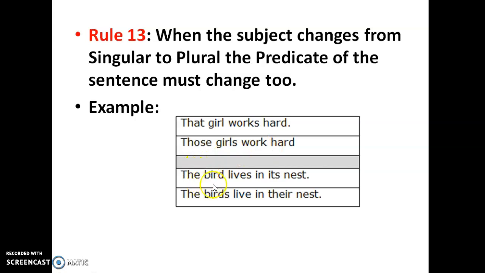Understood? The bird lives in its nest. Here we said only one bird, so lives in its nest. When it comes as the birds live in their nest, birds is plural, then the predicate also changes to live in their nest.